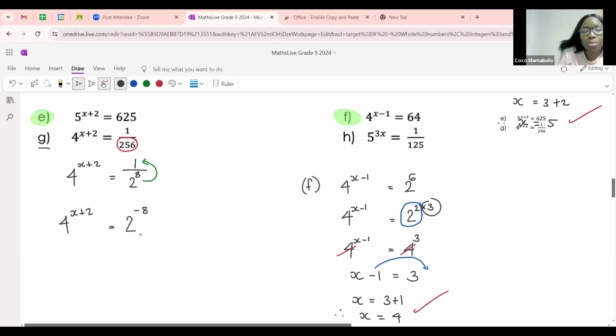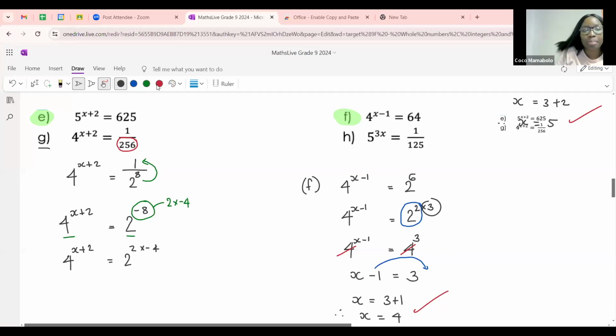Now I know what I can do to make my exponents the same. I'm just going to split negative 8 into 2 times minus 4. I can split it like that, right? So that's going to give me 4 to the power of x plus 2 is equal to 2 to the power of 2 times negative 4.